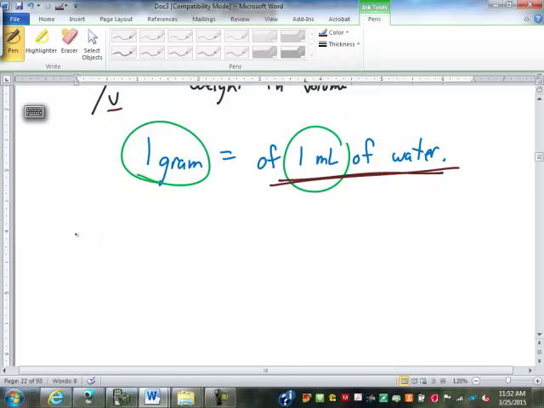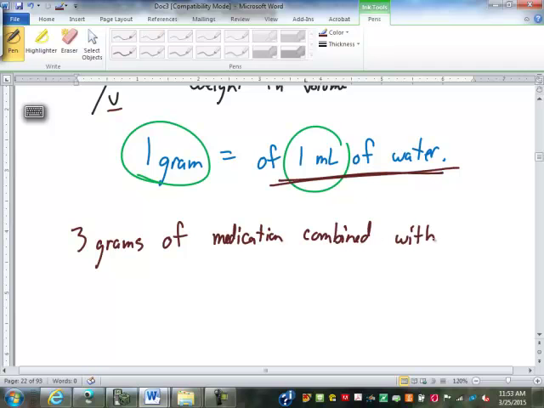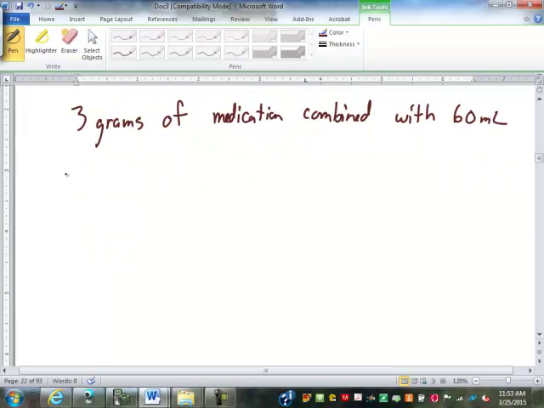So anyway, let's say here we have 3 grams of medication combined with, let's go with, 60 milliliters of saline.